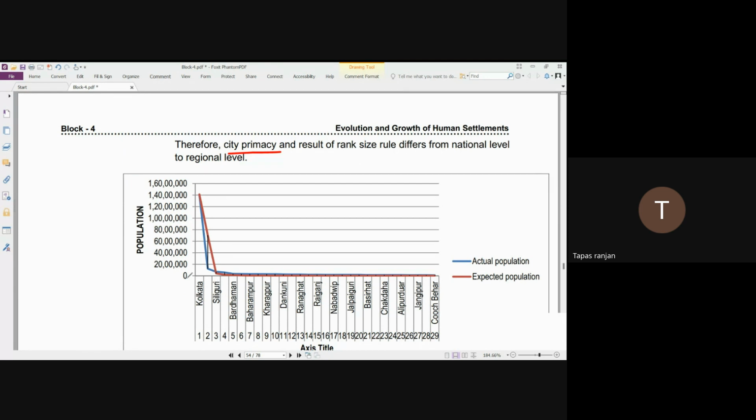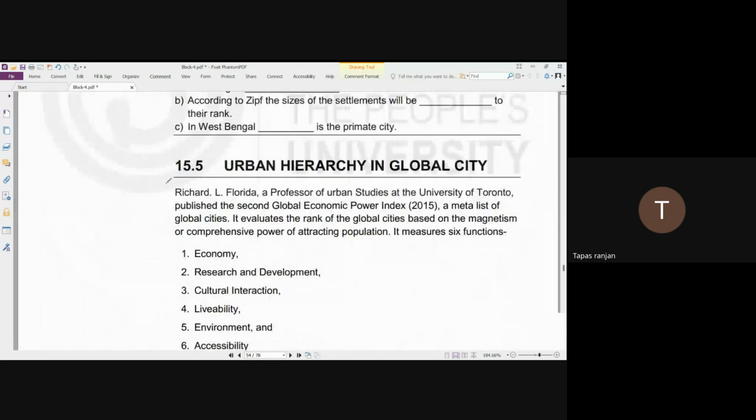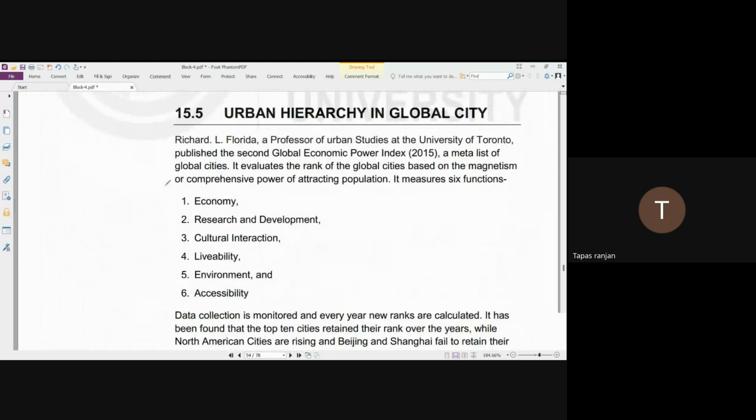Now because Kolkata is having a huge population, but still there is a difference in terms of actual population and expected population in nearby cities. So, what are the different measures of urban hierarchy in the global city concept?